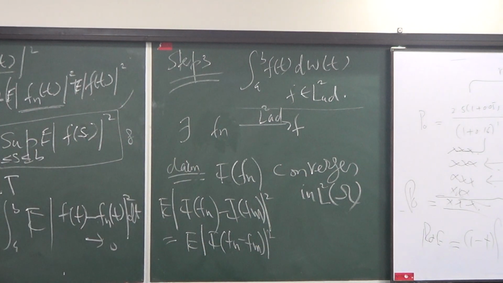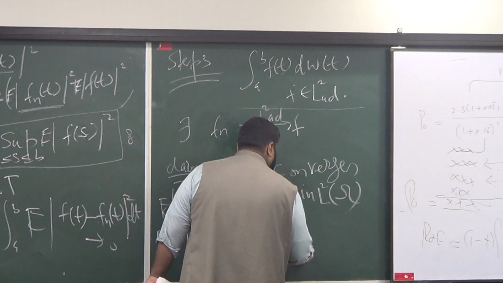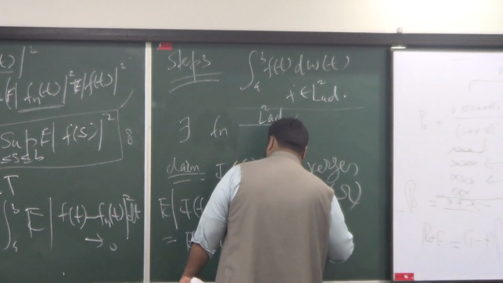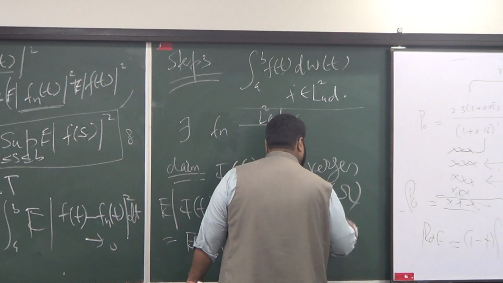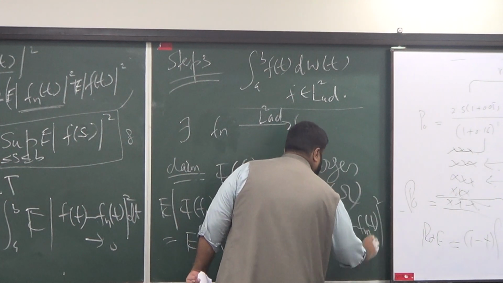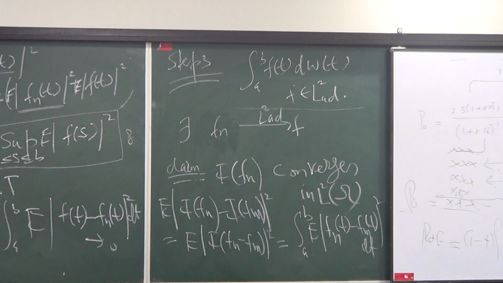So this is a stochastic integral of difference of two step processes. But we have proved that identity, the L2 isometry type identity for step processes. So this must be the same as the integral from a to b of the expectation of Fn of t minus Fm of t, squared, dt.